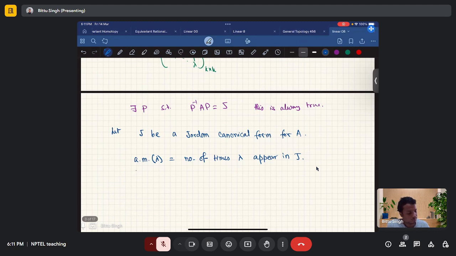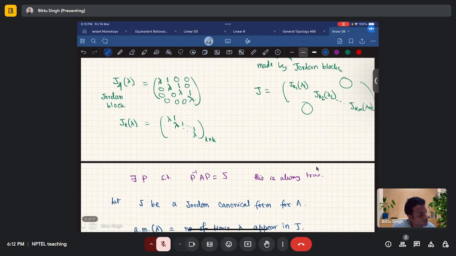Another thing is that this is the same as the sum of sizes of the Jordan blocks corresponding to lambda.